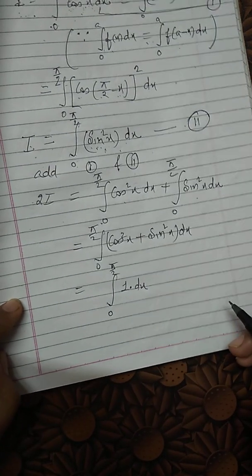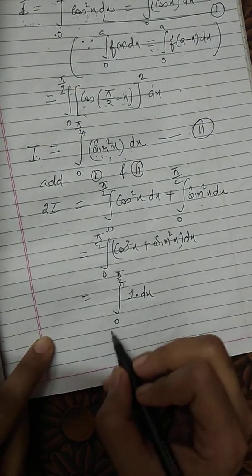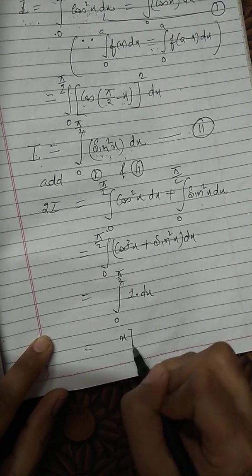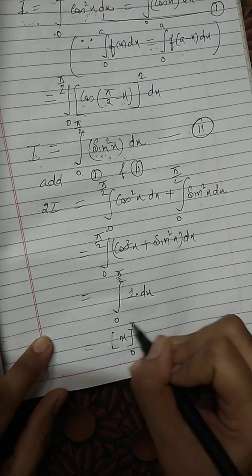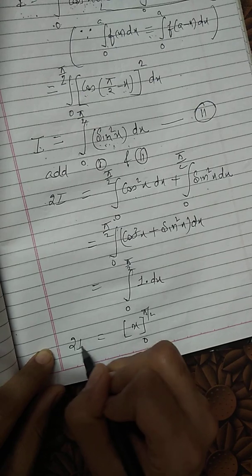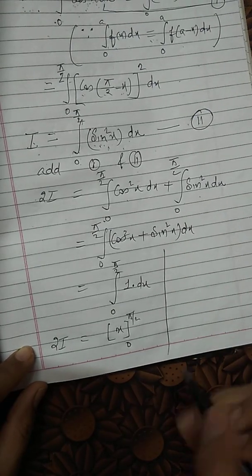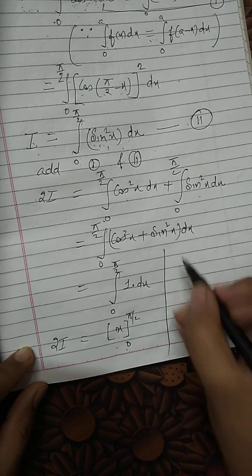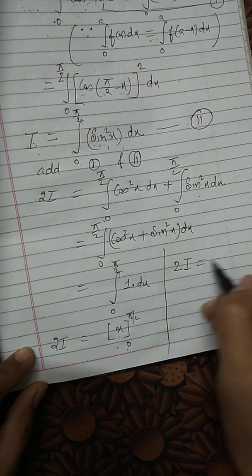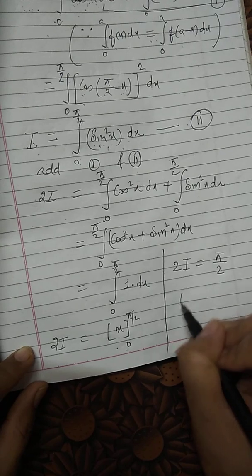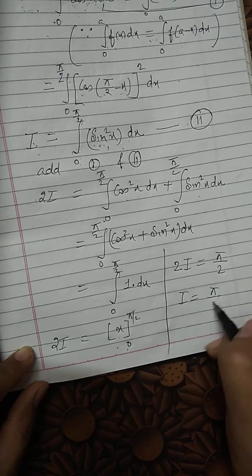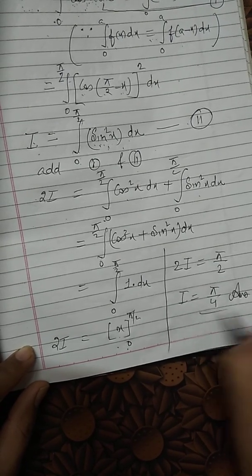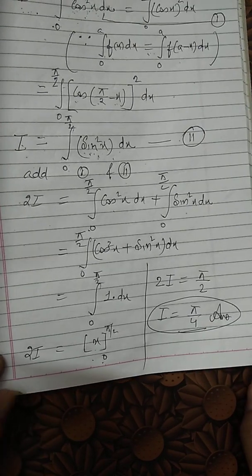The integral of 1 is x, from 0 to pi by 2. Applying the limit, it is pi by 2 minus 0, that means pi by 2. So 2I equals pi by 2, and the answer is pi by 4.